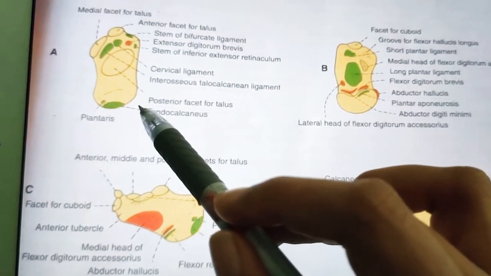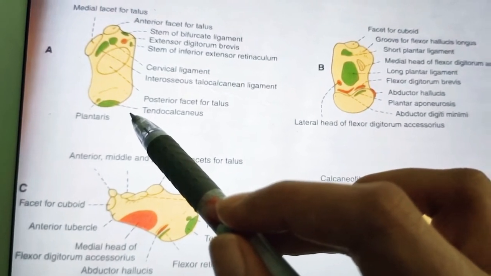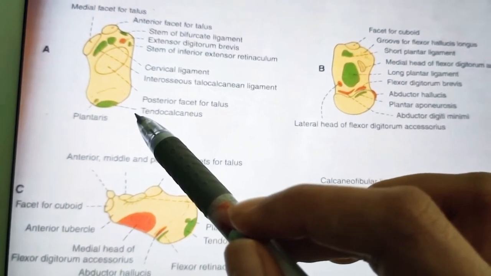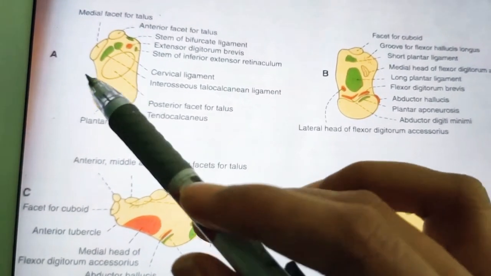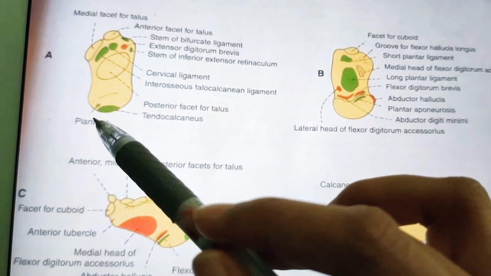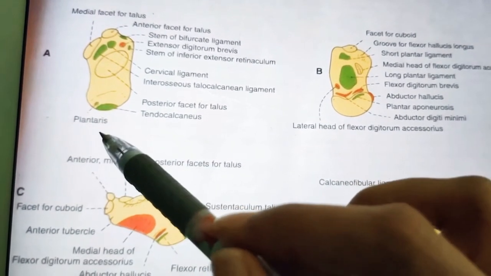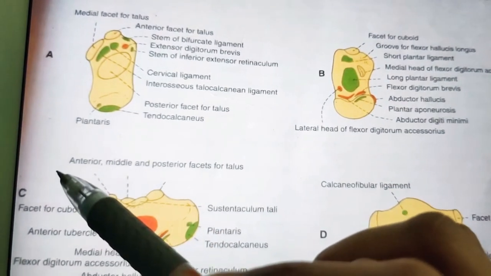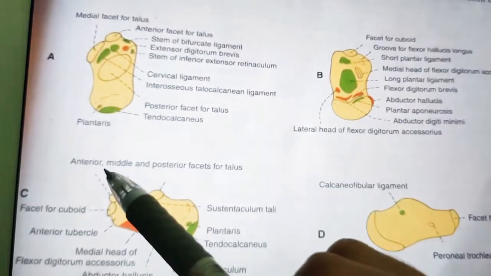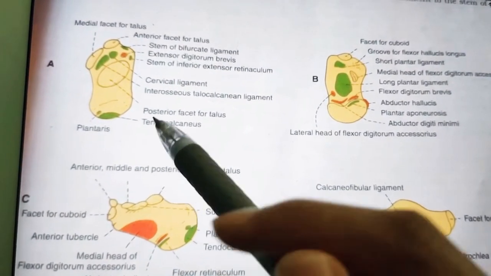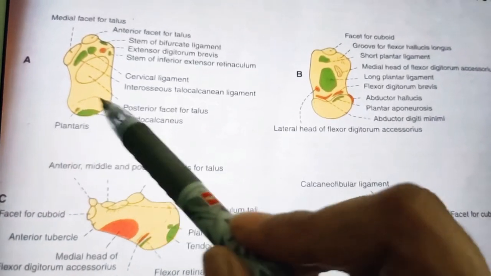Next, the upper area is covered by a bursa, and the lower area is covered by dense fibrofatty tissue, which supports the body weight while standing, and it can be compared to the attachment of ligamentum patellae. So actually it is mainly useful for strengthening of this bone and also supporting the weight, because it mainly has the tendocalcaneus and also plantaris on the posterior surface.